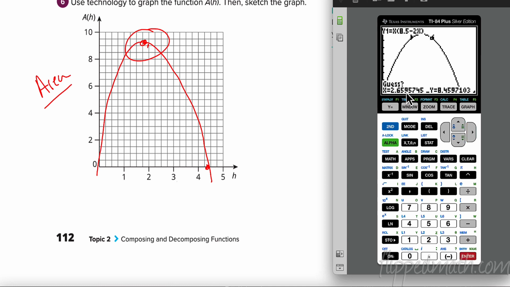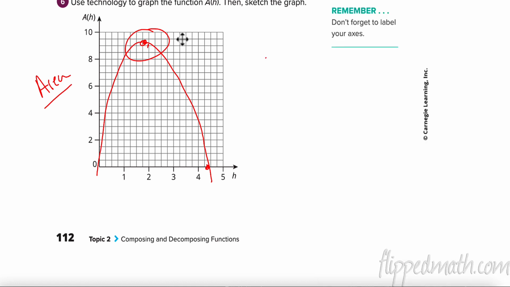And it says, do you want to guess? I never really want to guess. I know that it's going to look between these two things for the highest possible value of y. So let's press enter, and let's write that down. That point is 2.125 and 9.03, it looked like.